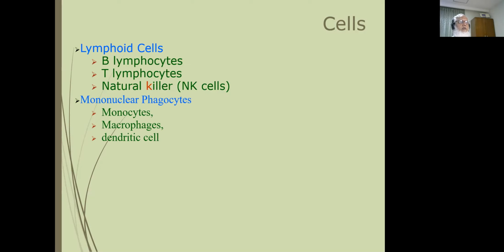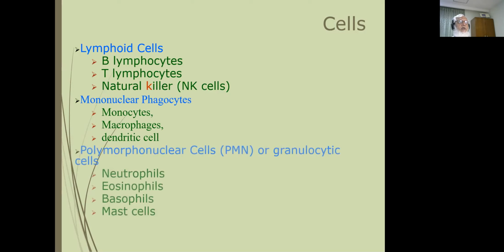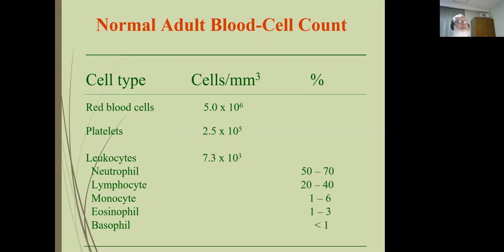They are monocyte, macrophages, and dendritic cell. Besides, polymorphonuclear cells or granulocytic cells, that is neutrophil, eosinophil, basophil, mast cell. And platelets are also the cells of immune system. So lymphoid cell, mononuclear phagocytes, polymorphonuclear cells, and platelets.